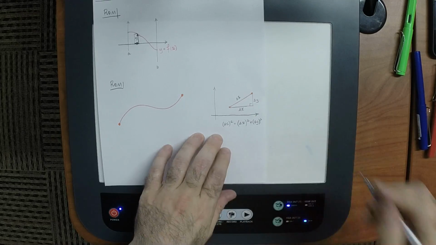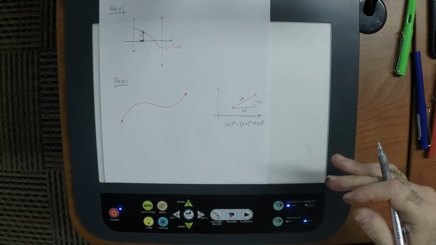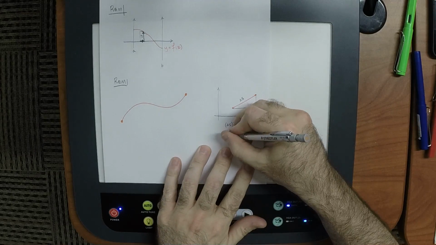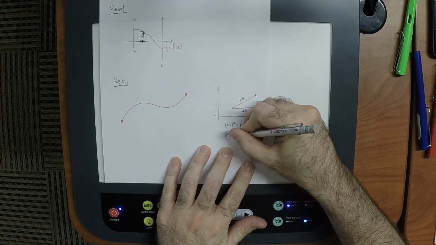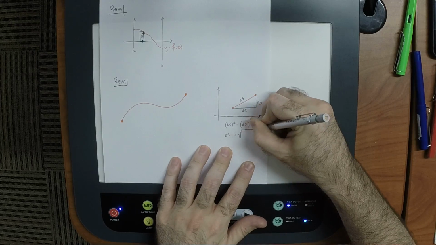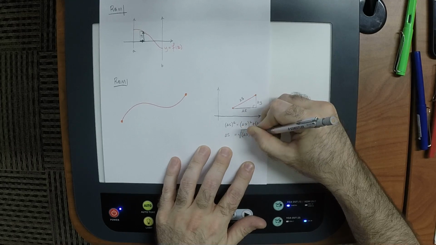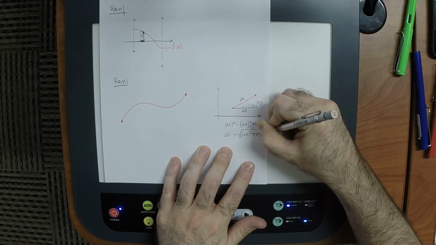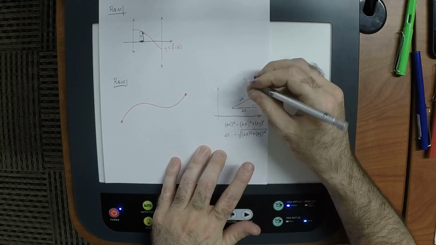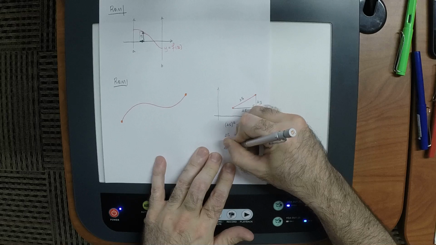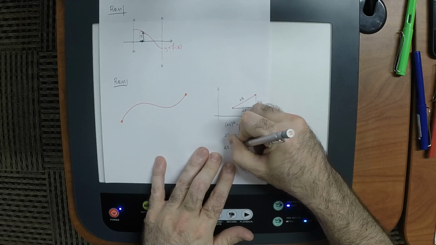If we wanted to, we could solve for just regular old delta s with a radical. And notably, we're taking the view that delta s has to be a non-negative quantity.